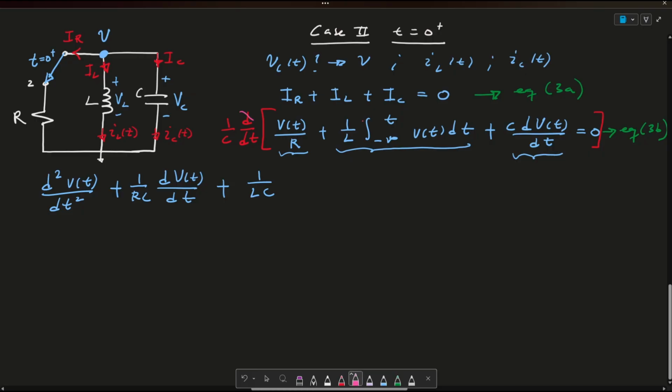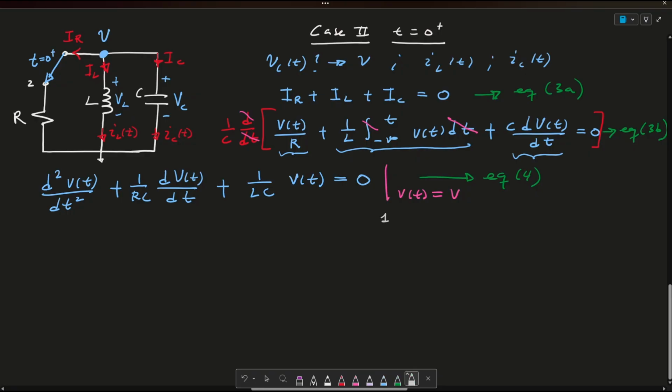This derivative cancels out with this integral, and this dt cancels out with this dt. So I'm left with V(t) equated to 0. Again, just to be clear, V(t) here is essentially just V. Let me call this equation number 4.